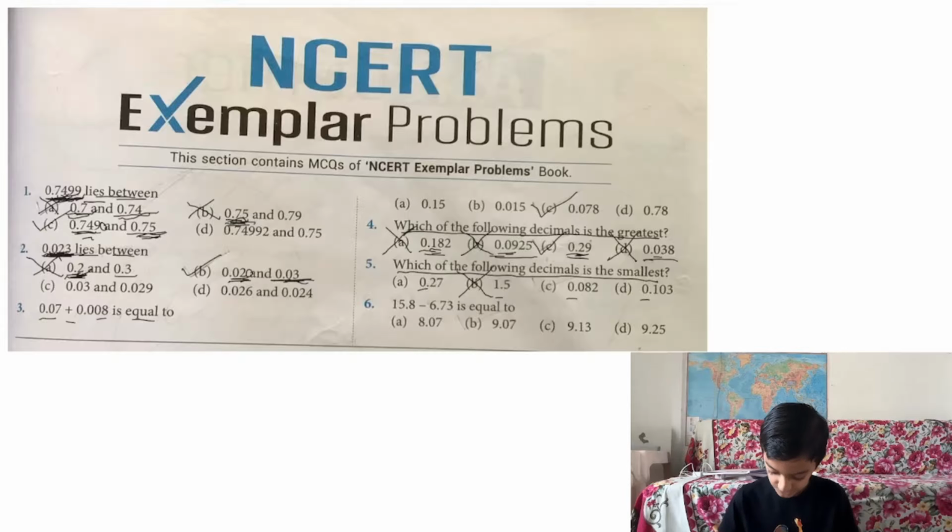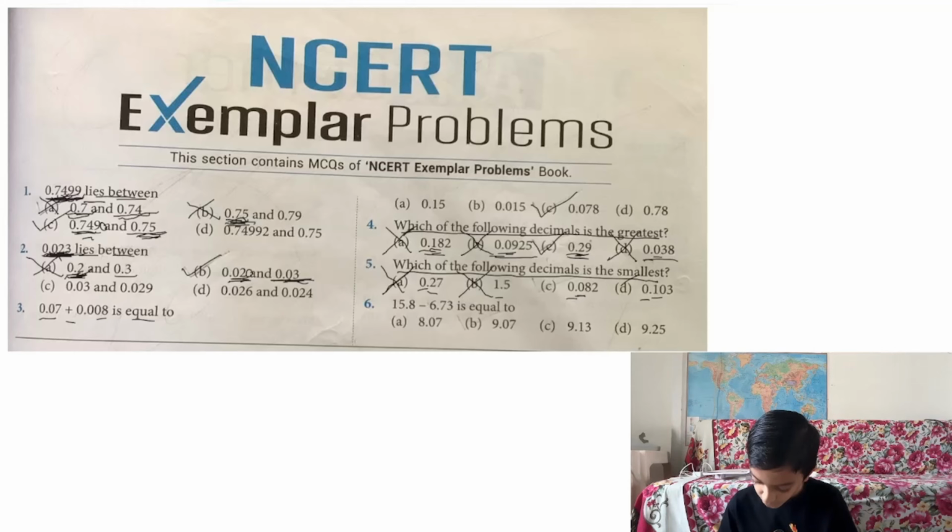So tens digit, here it is 2 and here it is 0. Here option A is eliminated because we have found out a greater number than this. But here in the statement it is written that we have to find out the smallest number. So here option A is eliminated. Option B, let's check. Here tens was 0 and here it is 1.